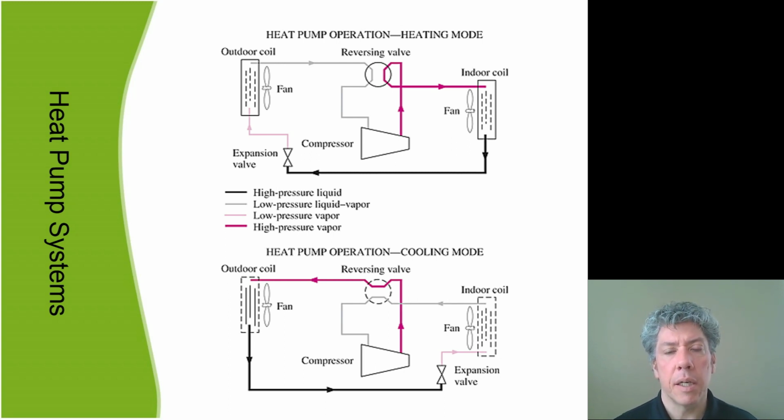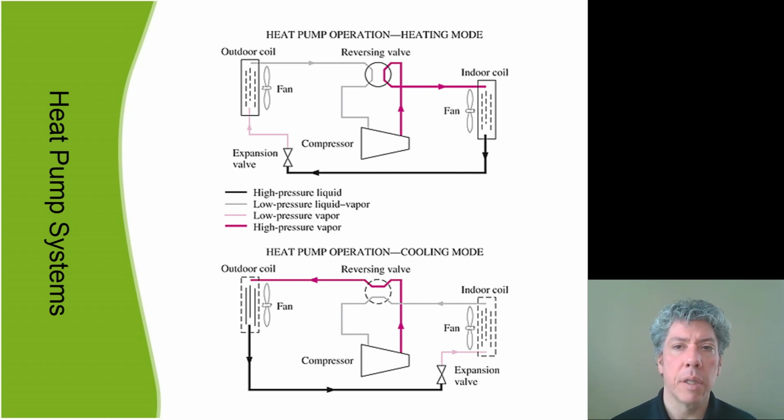and the reason its temperature drops and it doesn't just liquefy out at first is because it's superheated, and that's actually the case in the cooling mode as well. It's the reason the outdoor coil incoming temperature can be higher than the outdoor coil exiting temperature in the cooling mode. And of course in heating mode it's the same thing.